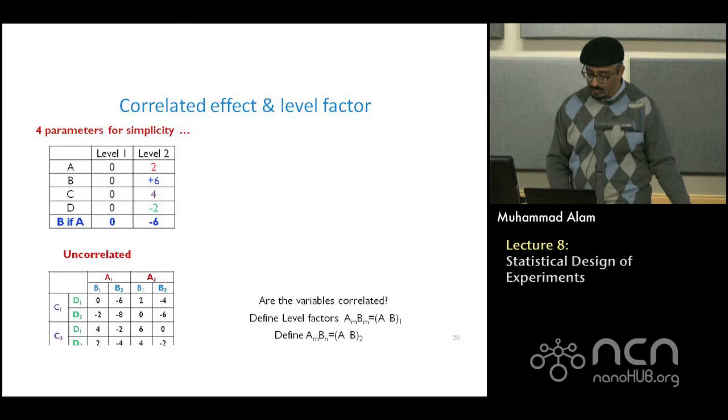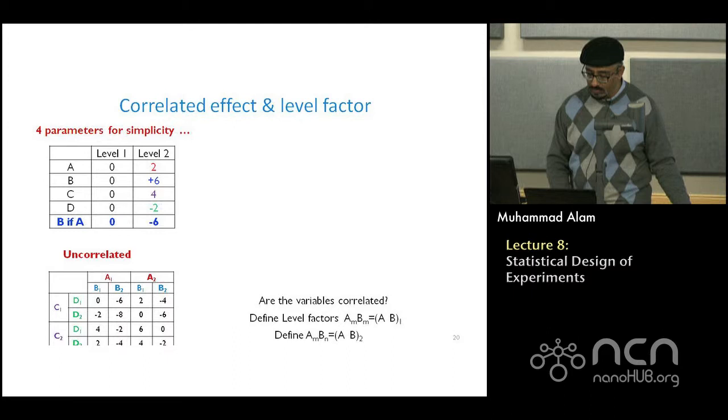Now, when A is present at the high level, then B becomes -6. It used to do good work, and as soon as A came in, it's not doing any more work. It's doing negative work. This is correlation, pairwise correlation. It would still be lower than 128, because 128 means that all 7 are correlated: 6-way correlation, 5-way correlation, all those. I'm just thinking pairwise, just for the time being.